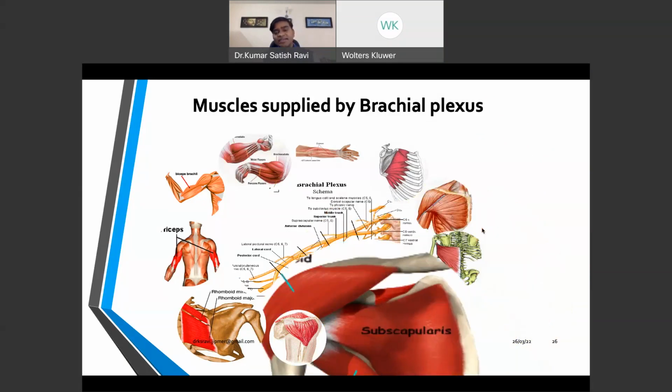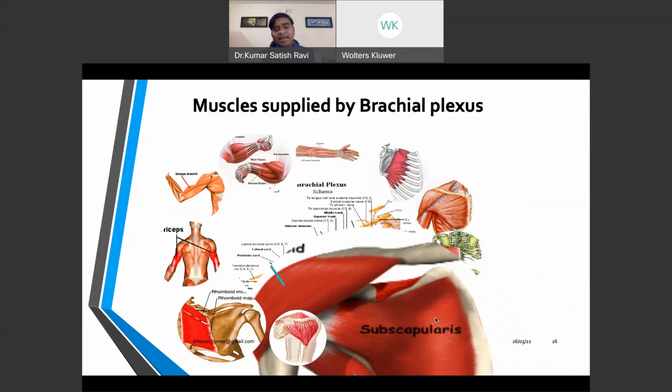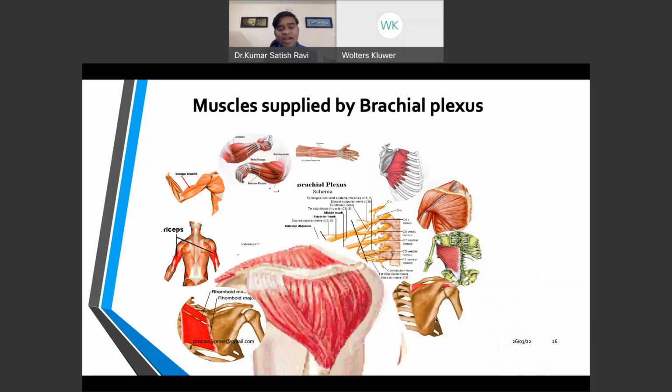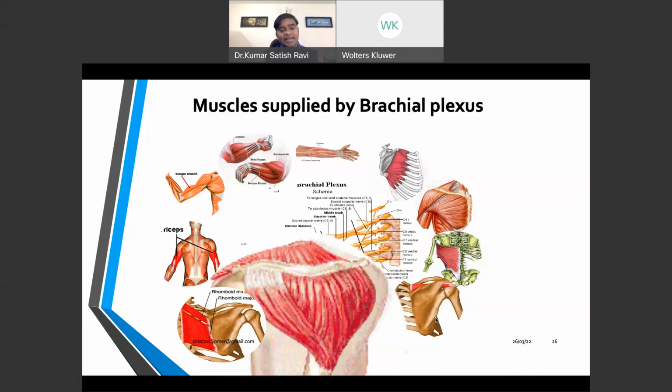Similarly, the subscapularis muscle is supplied by the upper and lower subscapular nerves, which are branches from the posterior cord of the brachial plexus, and the root value is C5 and C6. Then this is the deltoid muscle. As I just said, it is supplied by the axillary nerve. The root value is C5 and C6.